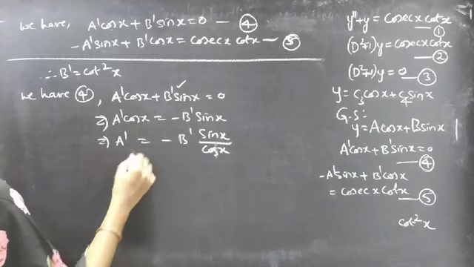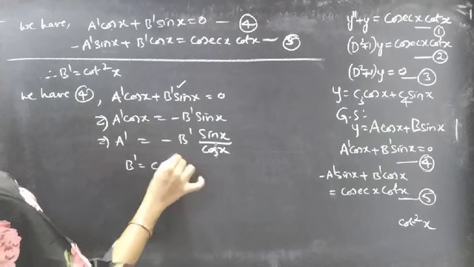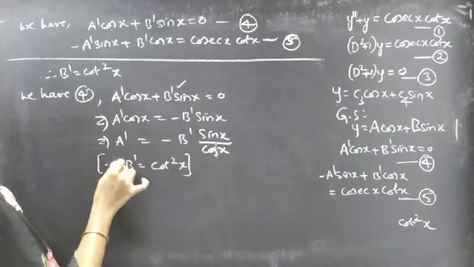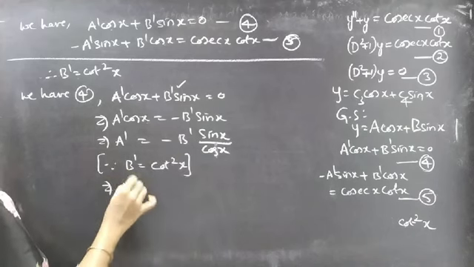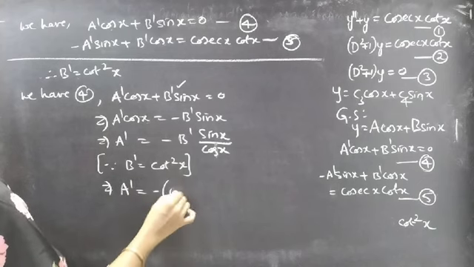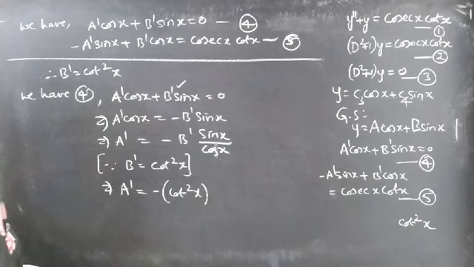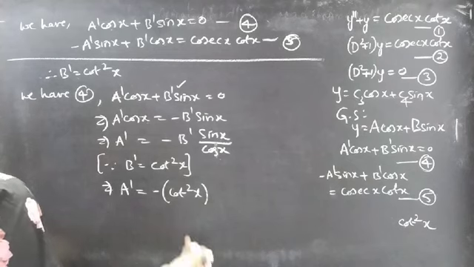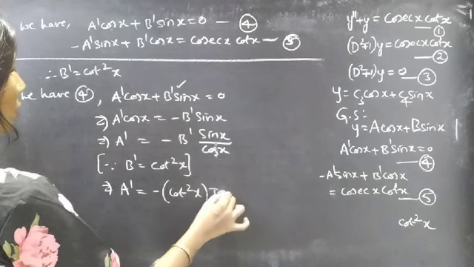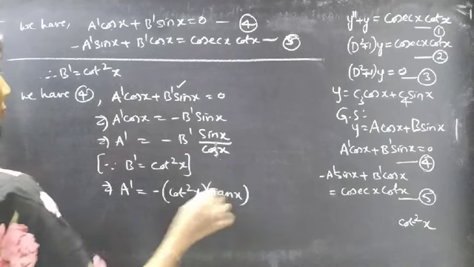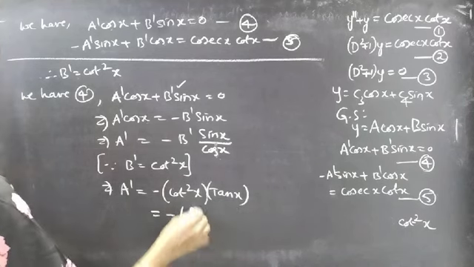Now substitute b dash equals cot square x, then a dash equals minus of cot square x into sin x by cos x, with sin x by cos x as tan x, right, which equals minus.